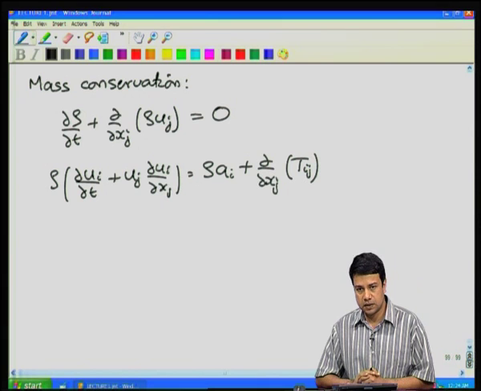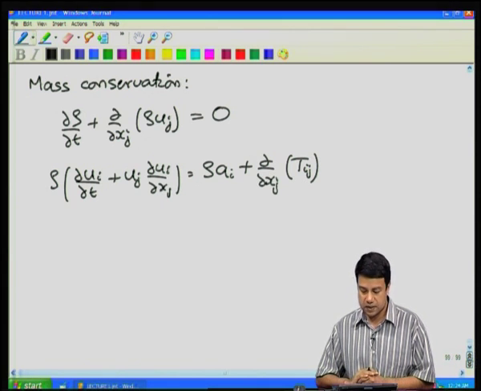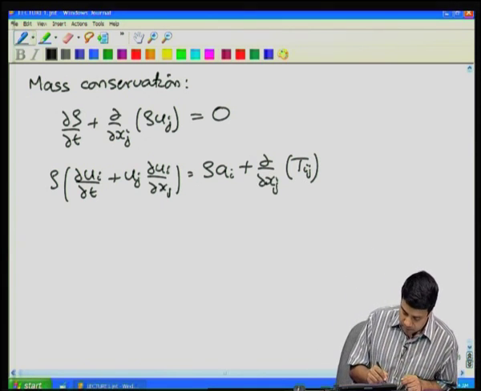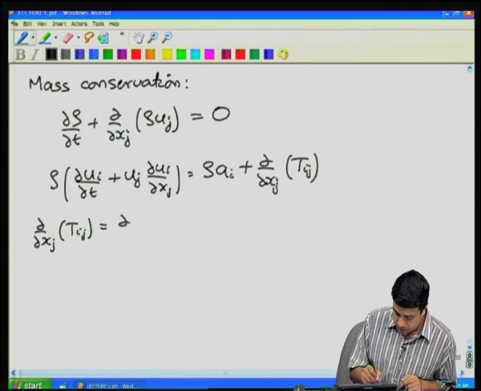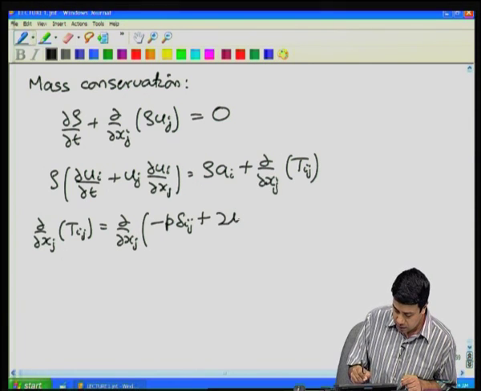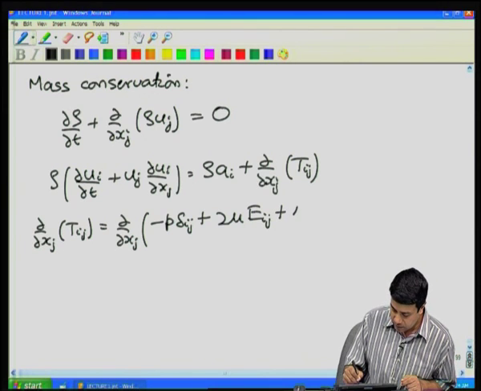Okay. What is the divergence of the stress tensor? Partial by partial x_j of T_ij is equal to partial by partial x_j of minus p delta_ij plus 2 mu E_ij plus the bulk viscosity term.